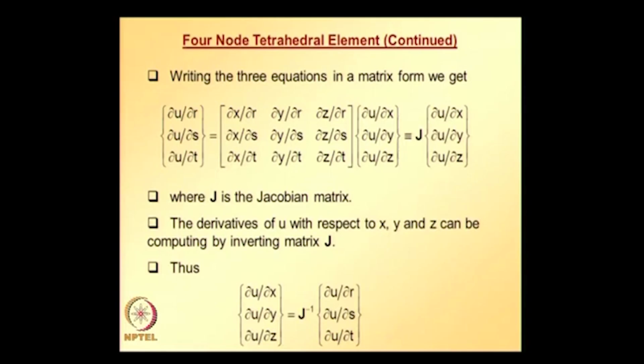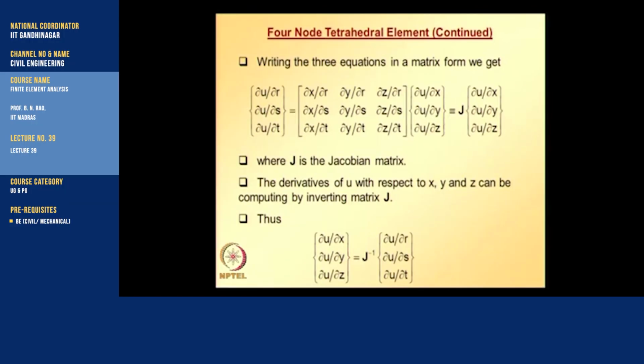So, the inverse relation is like this. Since we already know x, y, z in terms of RST, we can easily take partial derivatives and express the Jacobian matrix in terms of x, y, z coordinates. Similarly, once we express the Jacobian matrix in terms of coordinates of all the 4 nodes, we can easily find J inverse.